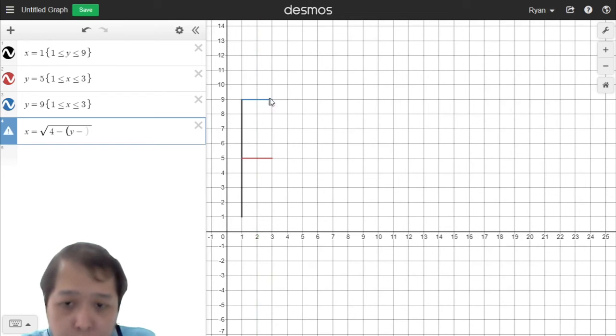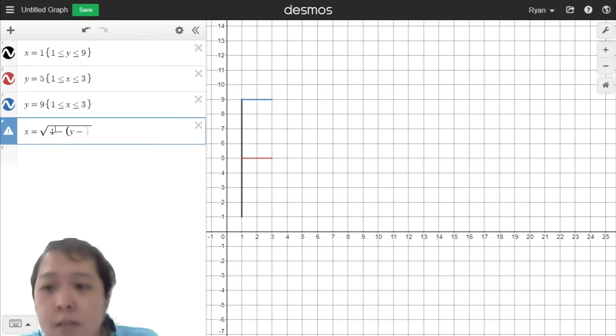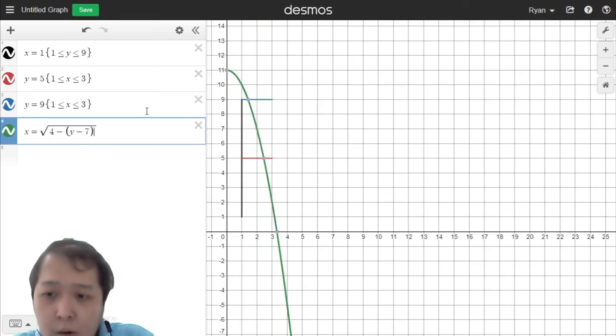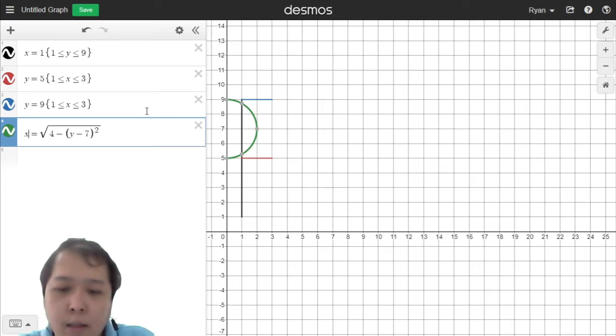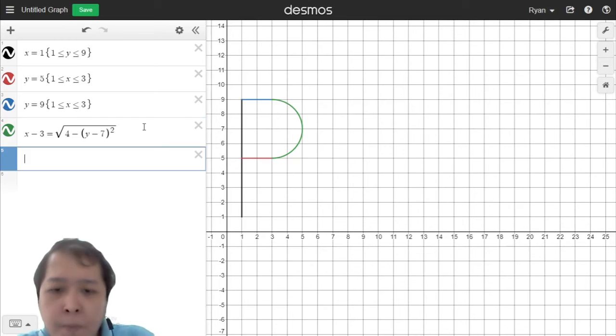The center is going to be like this, right? The center is 3, 7. So y is 7. Oh yeah, I forgot to move the x part of the center of the circle. 3, yes. All right, let's move on.